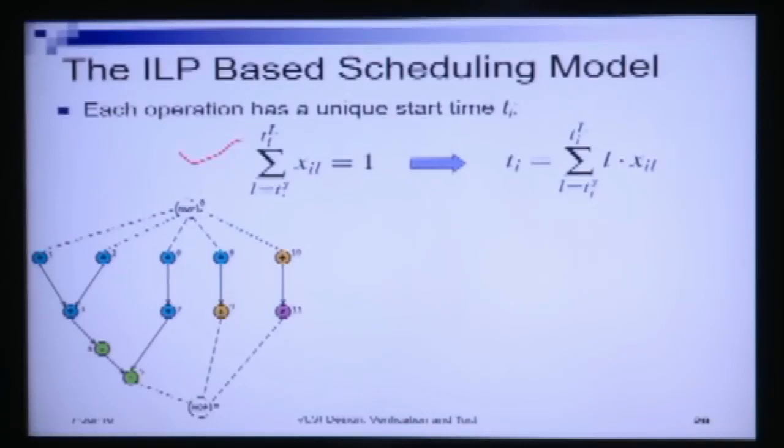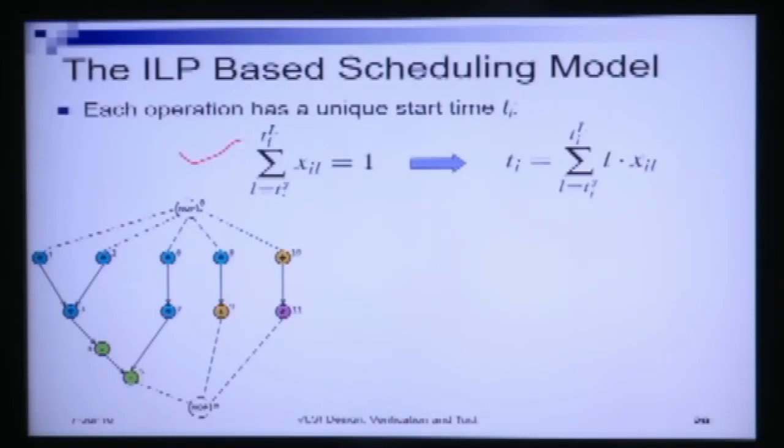Because x_il can only take value 0 or 1, x_il equals 1 when operation i is scheduled in time step l and x_il equals 0 otherwise. So, there can be only one value of x_il which will be 1 between its ASAP and ALAP times, and hence summation x_il equals 1.